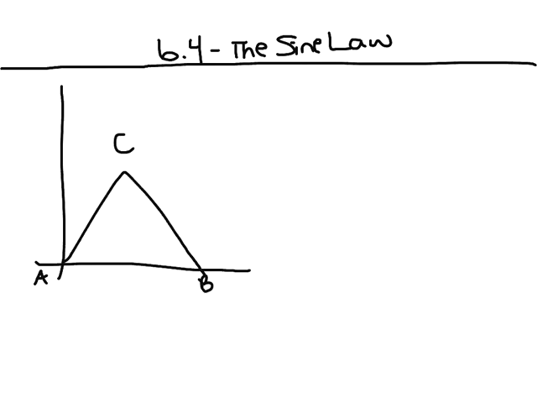To prove that this is the case, first you need to take a perpendicular line from C down to AB. So this makes 90-degree angles. So we can call this length h, this length b, and this length a. If we want to write h in terms of b and a trigonometric ratio, we want to use from this angle this side, which is our opposite, and b, which is our hypotenuse.